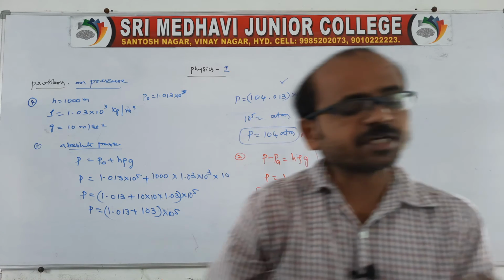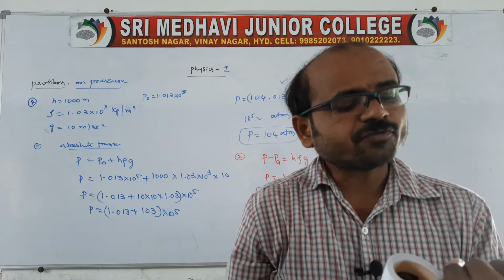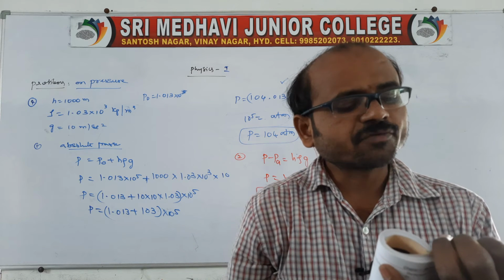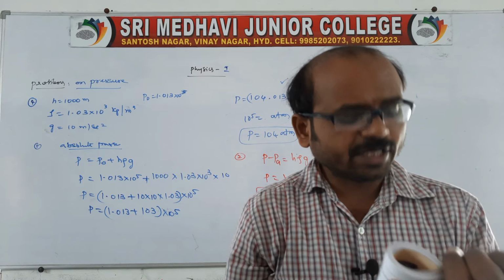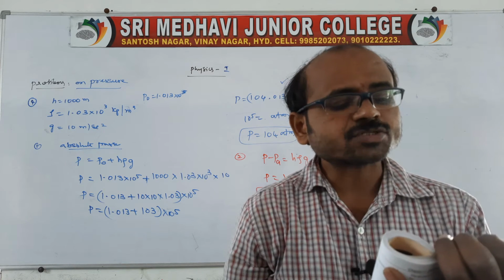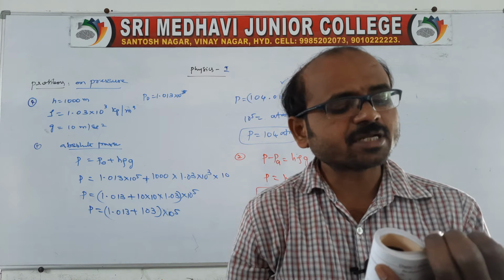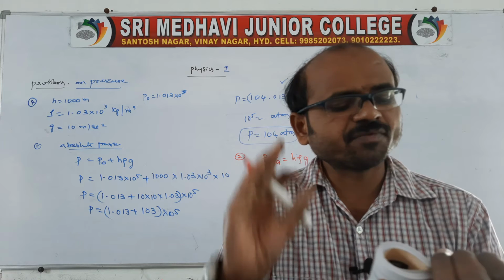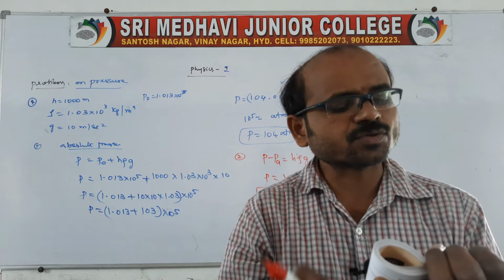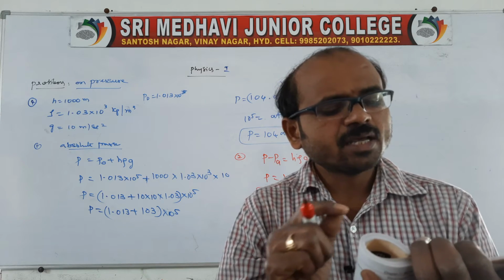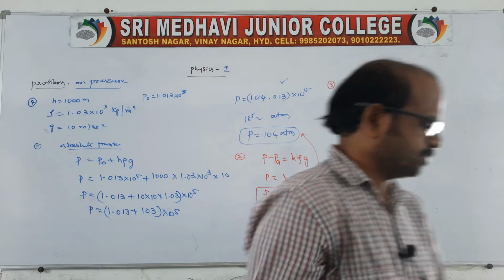Look at the third one carefully. Find the force acting on the window of area 20 centimeter into 20 centimeter of the submarine at the same depth, 1000 meters below, the interior of which is maintained at sea level atmospheric pressure.